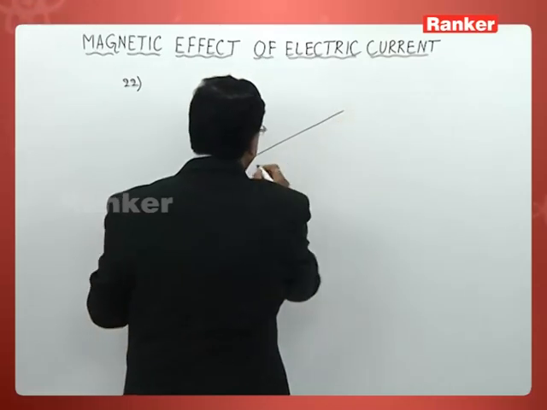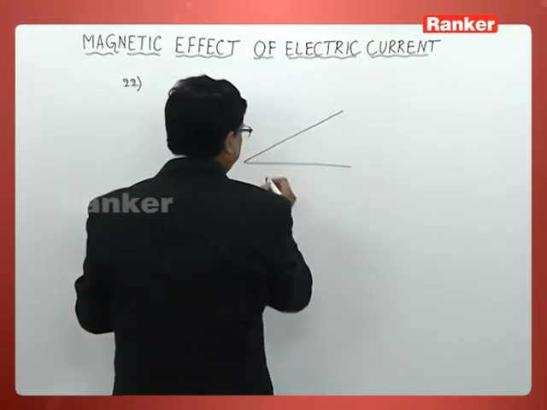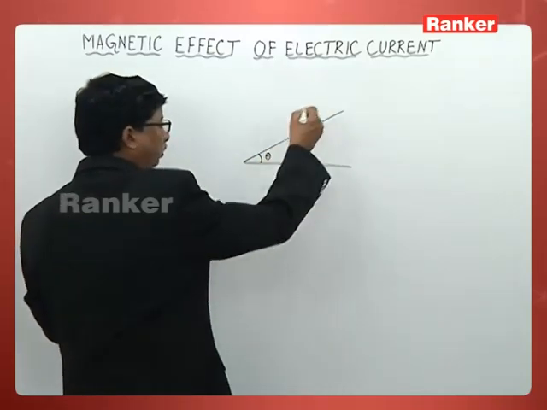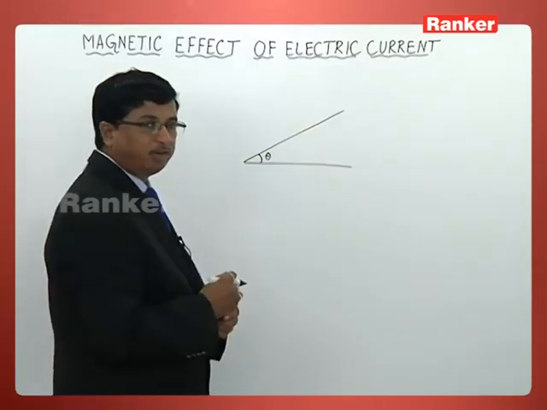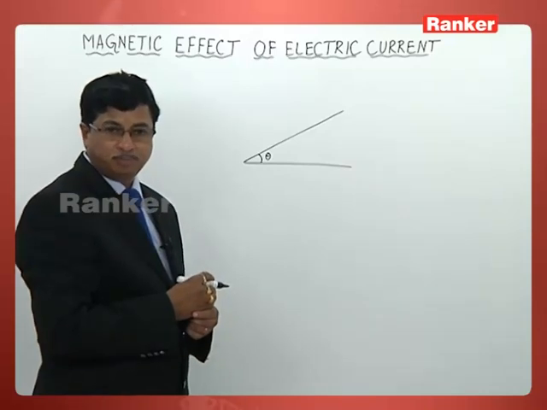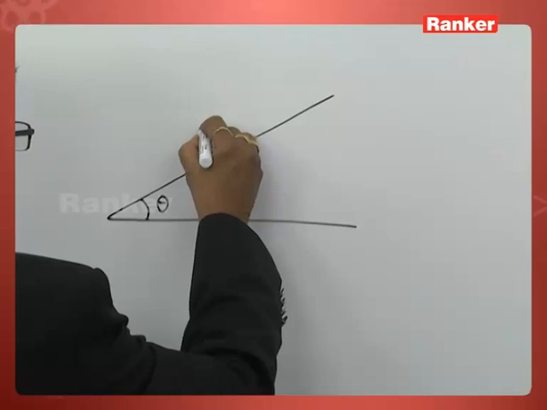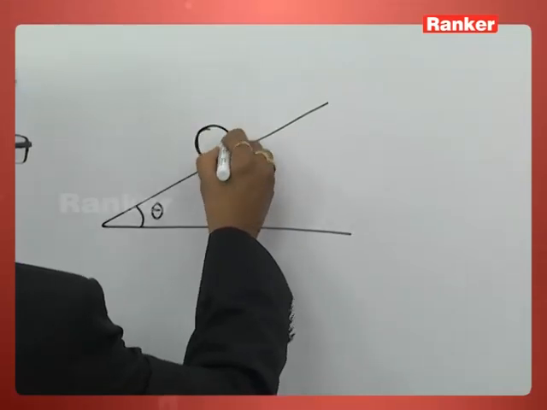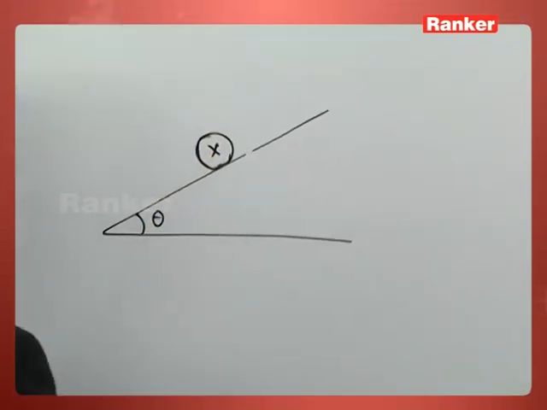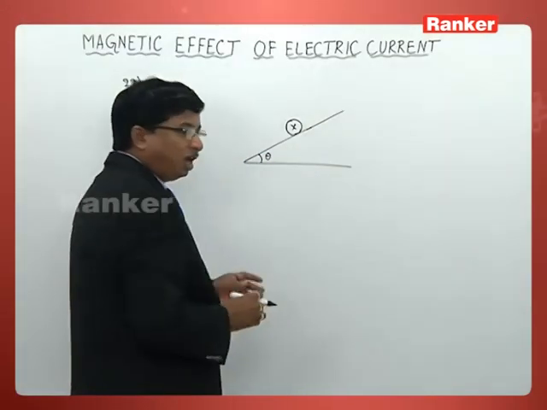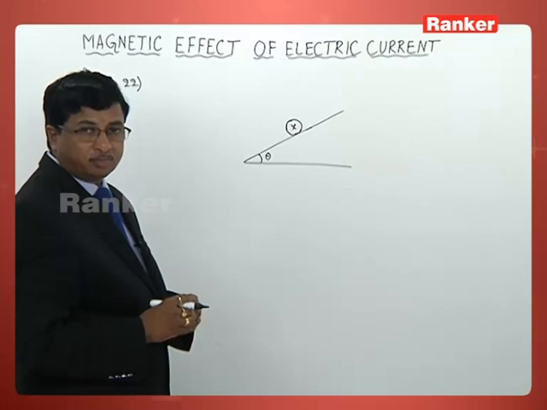There is an inclined plane this way, having this angle as theta. It's a smooth inclined plane, so there is no need for us to think of friction. Now the body has been mentioned here. This is the conductor. And what did he give about the parameters of this conductor?